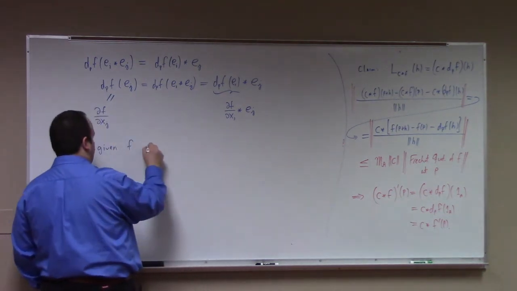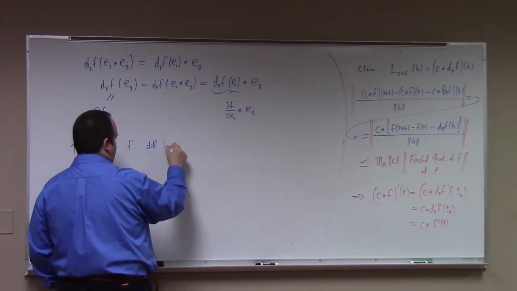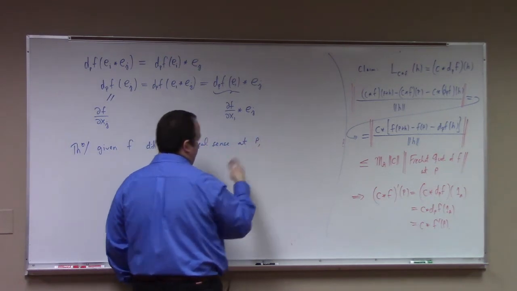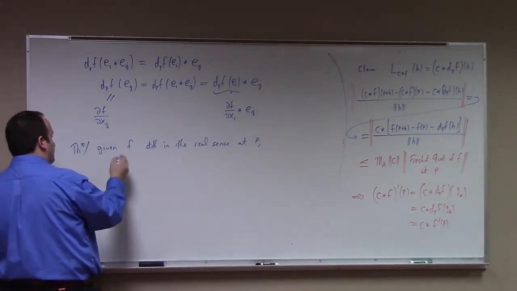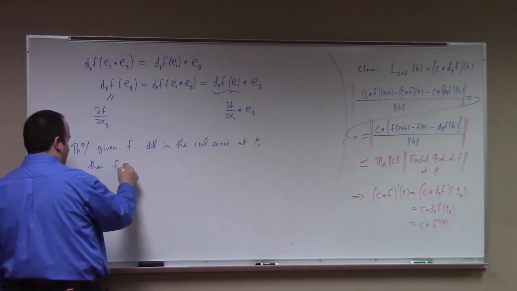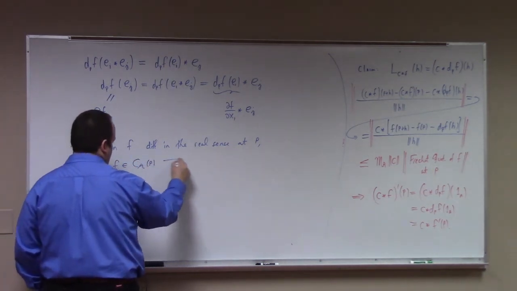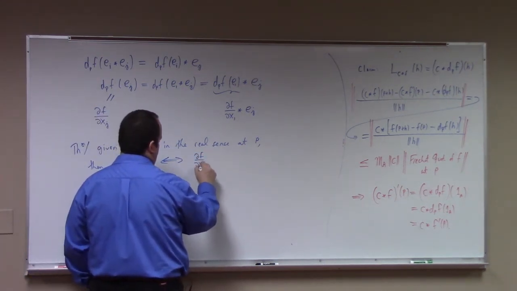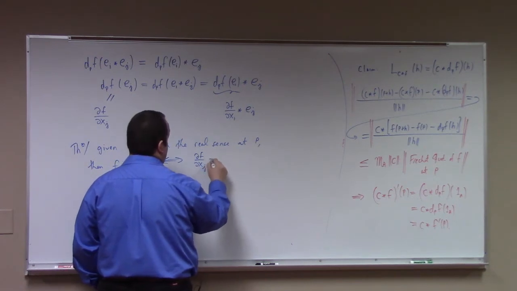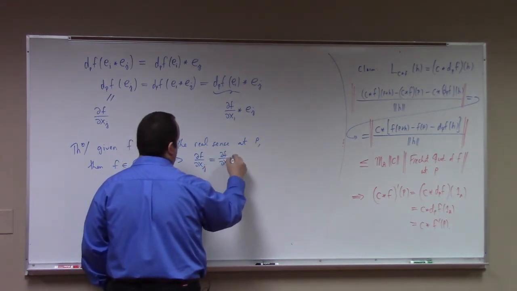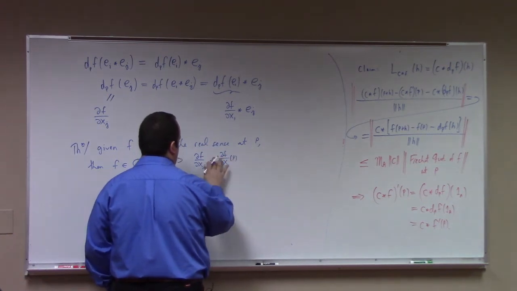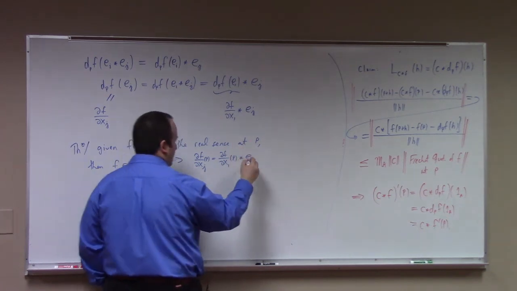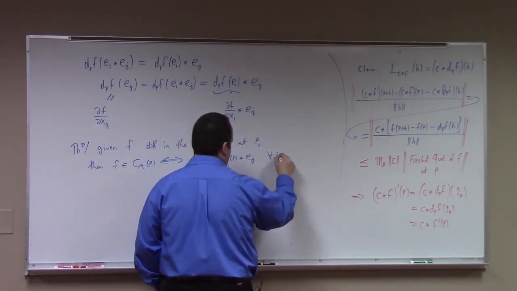Given f differentiable in the real sense at p, so it has real partial derivatives, then f is an element of CA of p if and only if partial f partial x_j is equal to partial f partial x_1, all at p, times e_j, for all j.